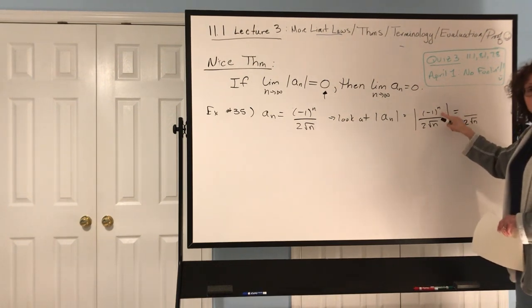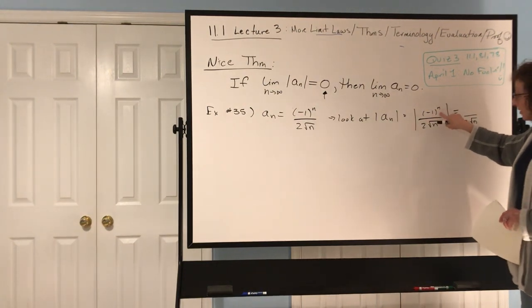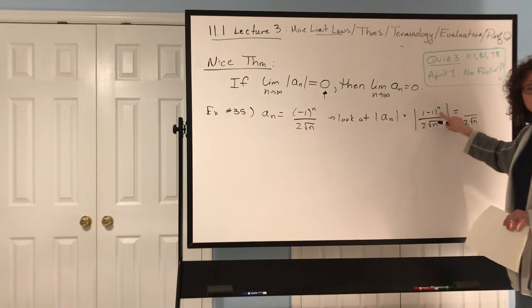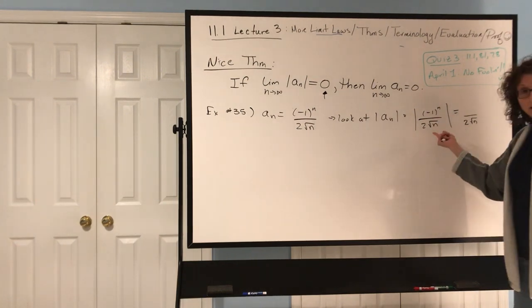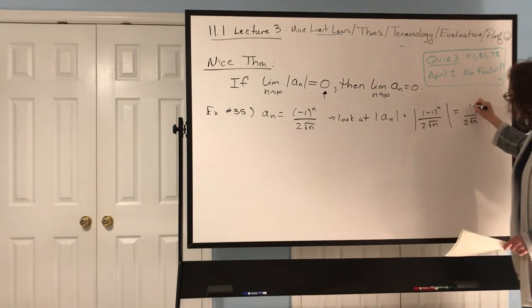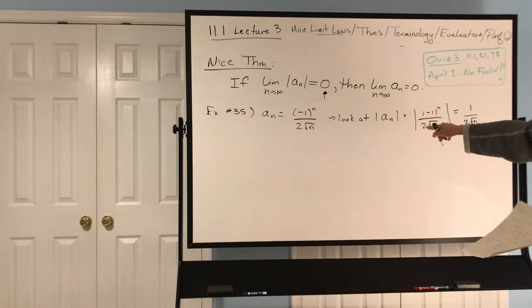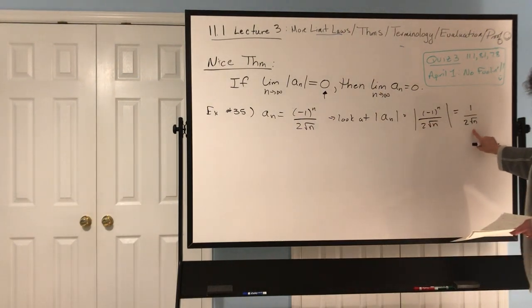And the numerator is a guy that bounces back and forth between -1 and 1, so the absolute value of something that's either -1 or 1 is just 1. Very nice. Looking at the absolute value actually simplifies things for us.